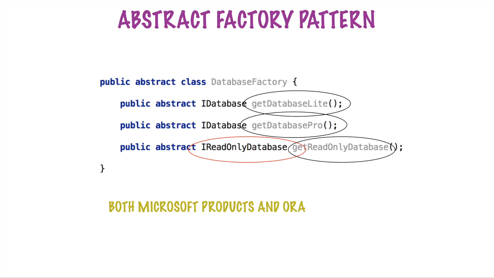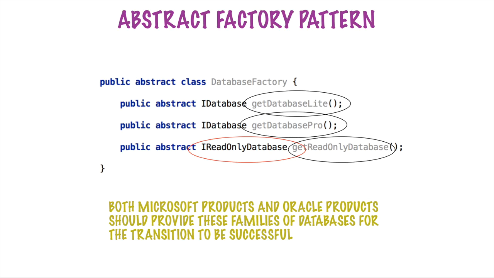Now, going back to the transition which the CIO of the company wanted to make, both Microsoft products and Oracle products should provide every member of these families for the transition to be successful. So the Oracle version needs to provide a light database, a professional database, and a read-only database for the transition to be successful.